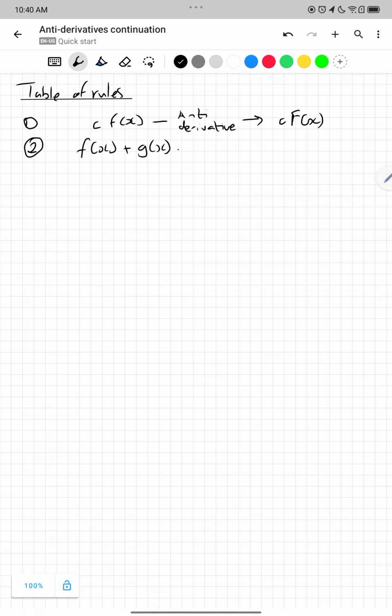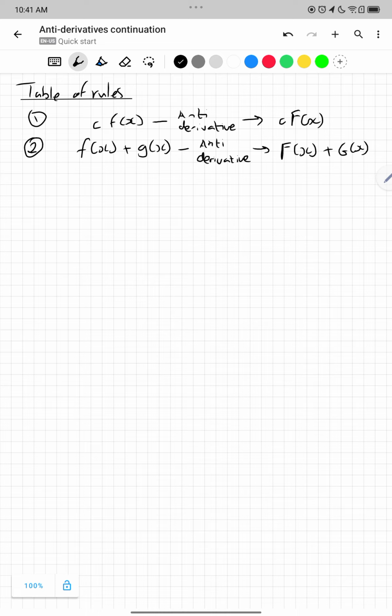Then the antiderivative of that would be uppercase F of x plus uppercase G of x. So I think that's basic enough for us to understand.